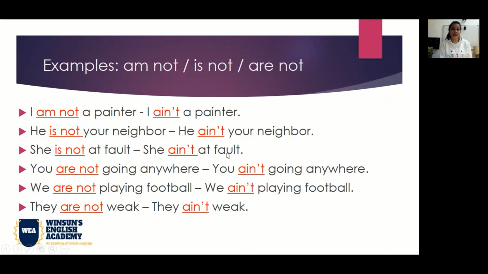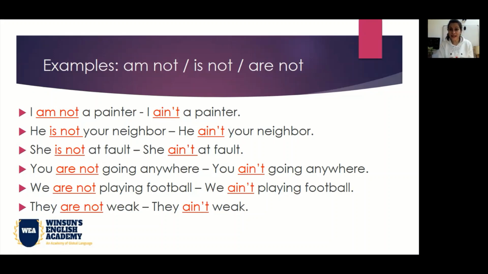She ain't at fault. You're not going anywhere. You ain't going anywhere. We are not playing football. We ain't playing football. They are not weak. They ain't weak. So did you notice, am not, is not, are not replaced, and in their place we have put ain't.